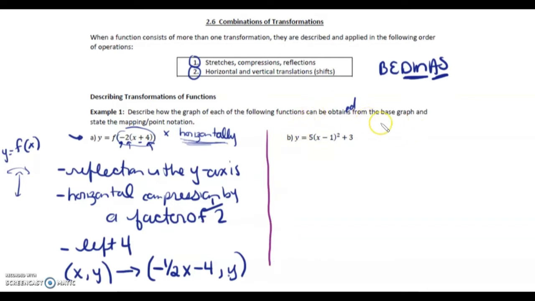Okay, so the next one, the base graph here is y equals x squared. So this is actually a combination of both the x and the y, so horizontal and vertical transformations. So we're going to go in order. For the 5, we're going to have a vertical stretch by a factor of 5.